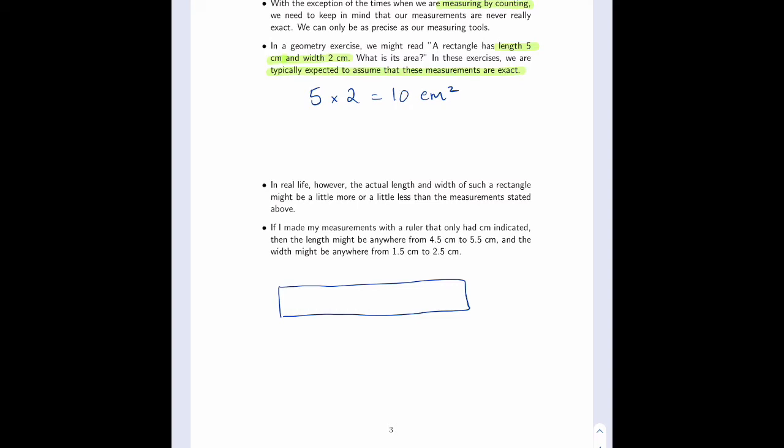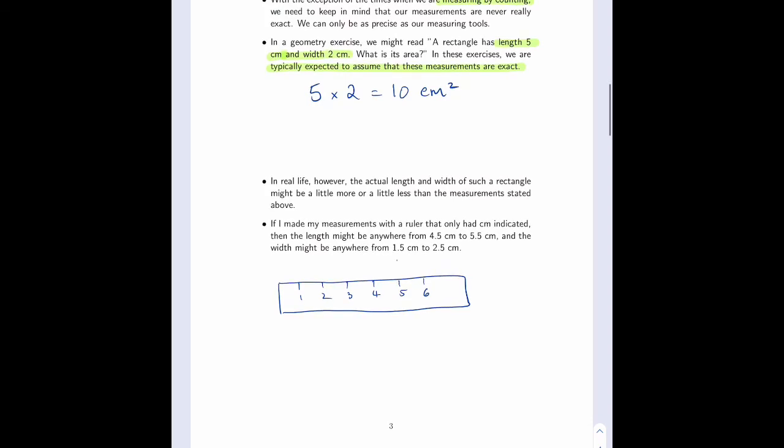So, for example, here's a ruler. And let's say I have marked off 1, 2, 3, 4, 5, 6. That measurement that I listed as 5 centimeters, well, it means that I'm reading it from here on the ruler. But with the level of precision of this ruler, it could really be anywhere in this range, and you would probably give it as 5 centimeters.